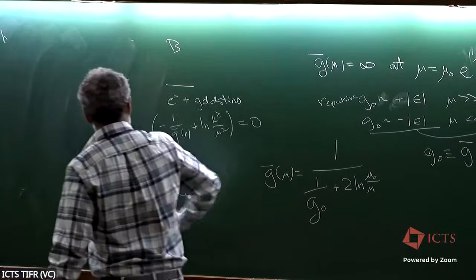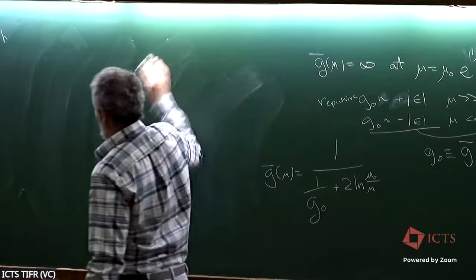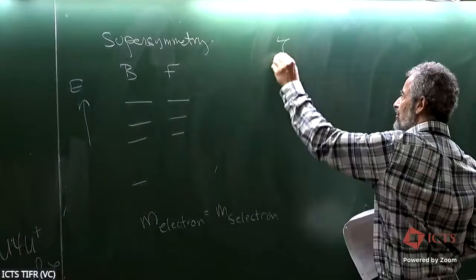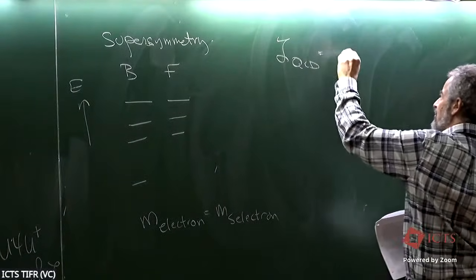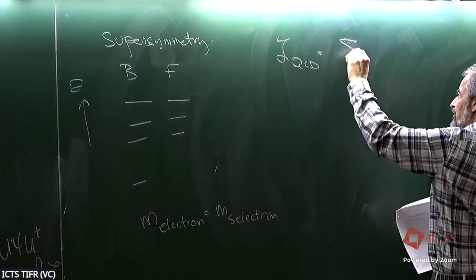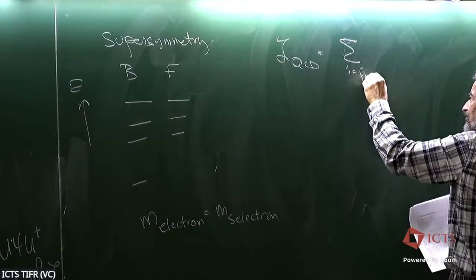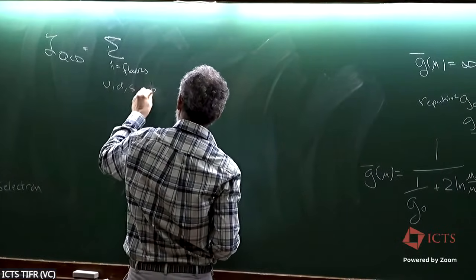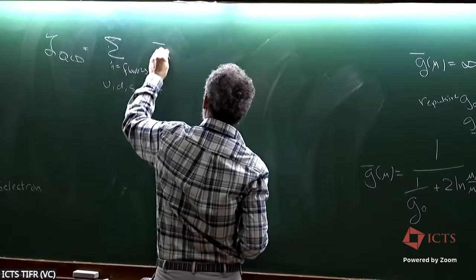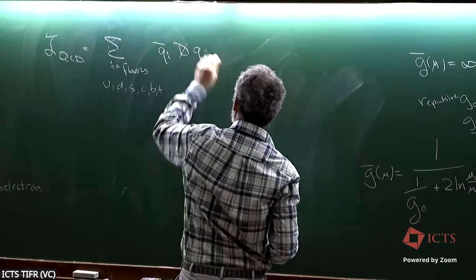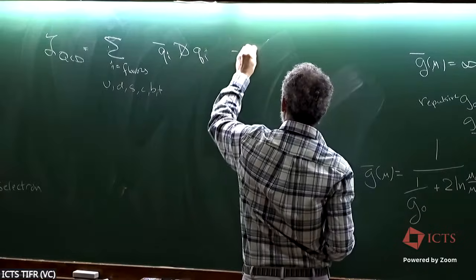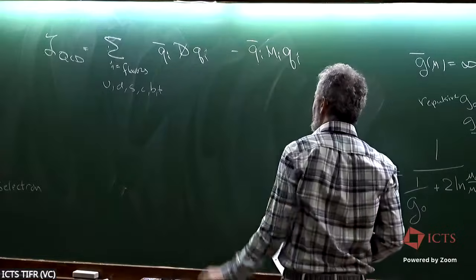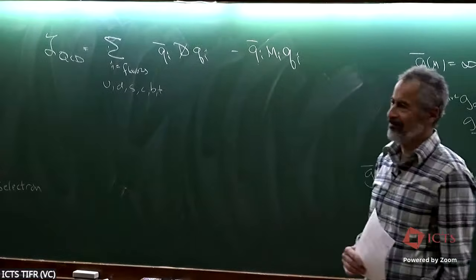So let's look at QCD, so you have a sum over flavors, U, D, S, C, B, T, Q bar i, D slash Q i, minus Q bar i, M i, Q i, and then glue on stuff.